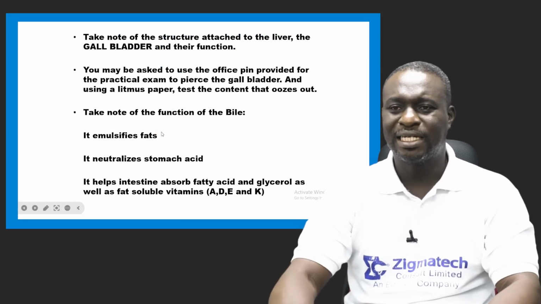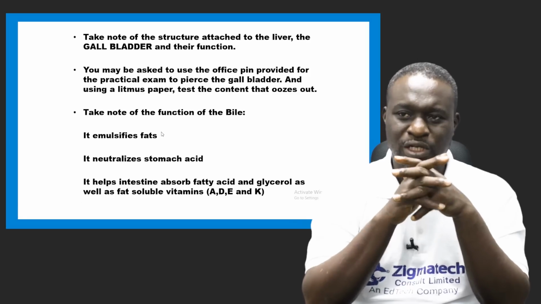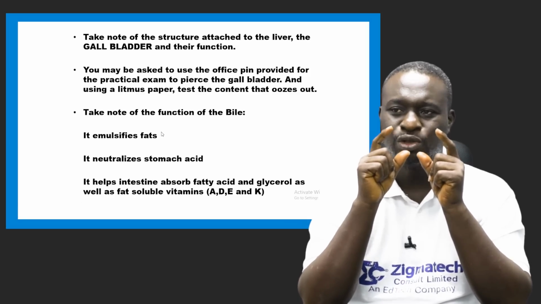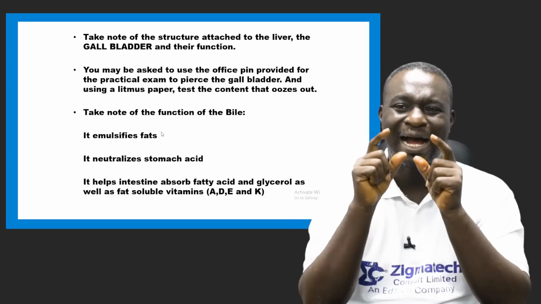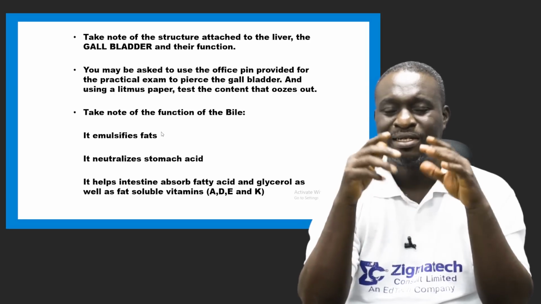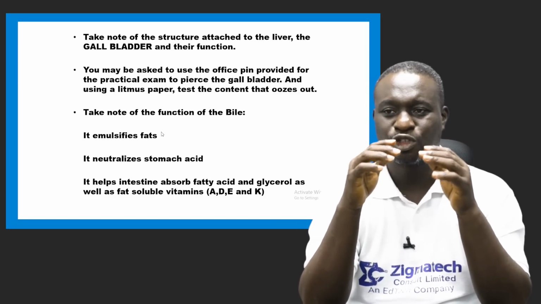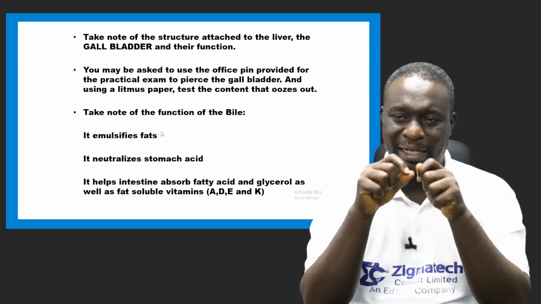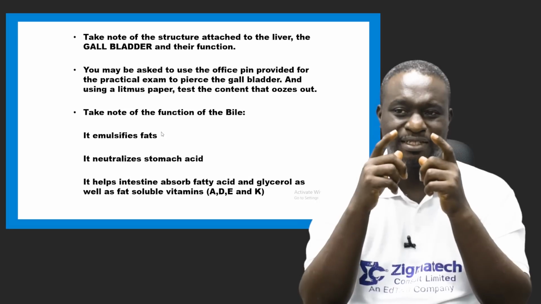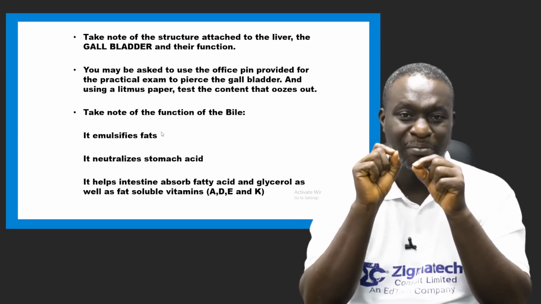Now, moving ahead, the next thing I want you to take note of is the structure attached to the liver, that is the gallbladder, and their functions. I have told you the functions of the gallbladder, that it carries out the function of storing the bile. You may also be asked to use an office pin. Please note this.